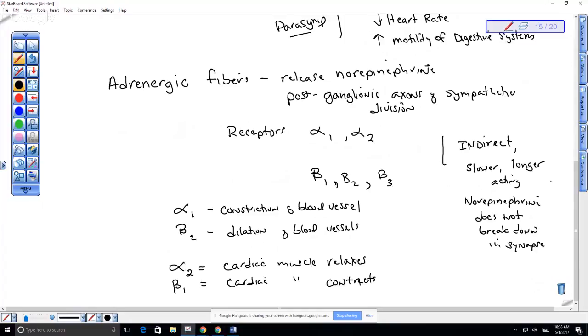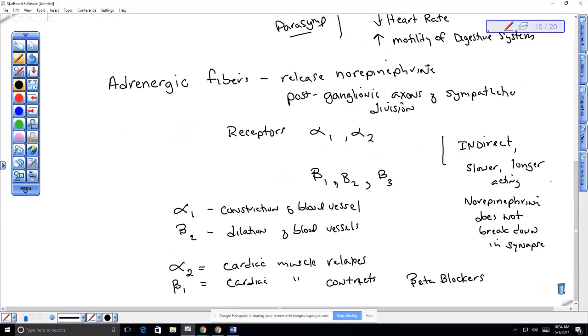Sometimes there are drugs that can be used to bind to these receptors to decrease their effect. If we know what is binding to that receptor, we can actually use drugs. A good example of this is what are referred to as beta blockers. Does anybody know what beta blockers are specifically used to treat? The heart, right?